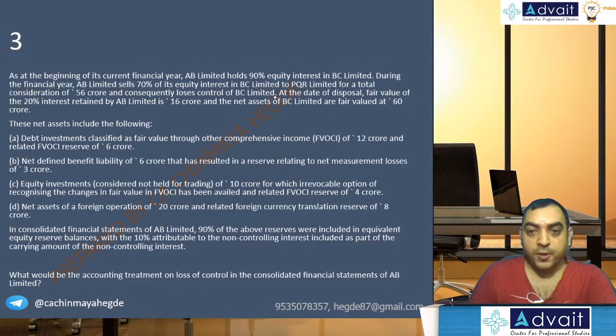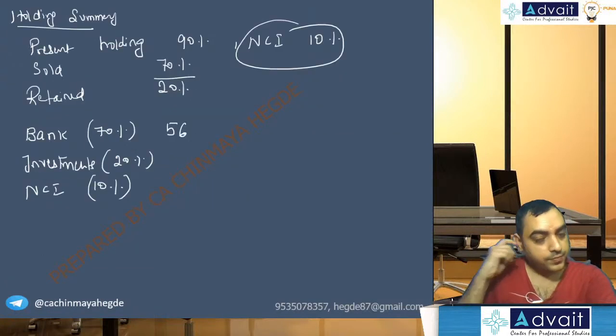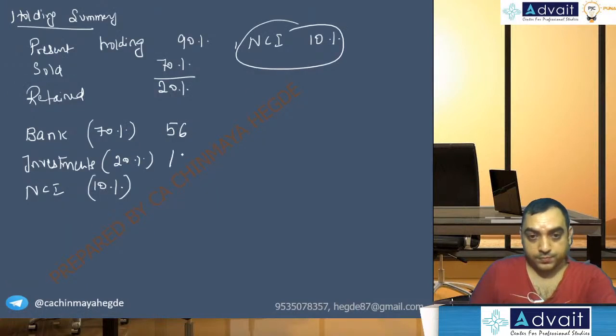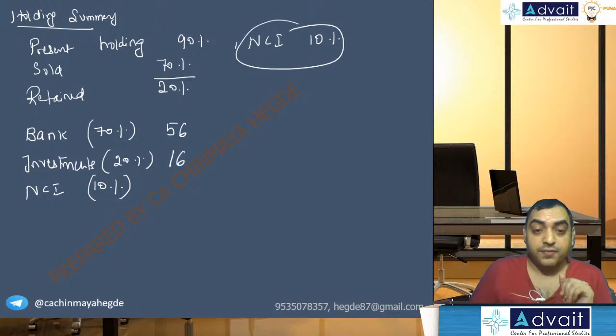Bank, you have sold for, on the date of disposal, fair value of retained 16 crores, and sold for a consideration of 56 crores. So sold for 56 crores, retained 16 crores. And what is 10%, which is NCI? That is whatever the net assets existing value. So credit net assets.